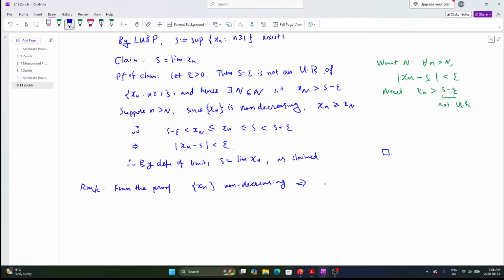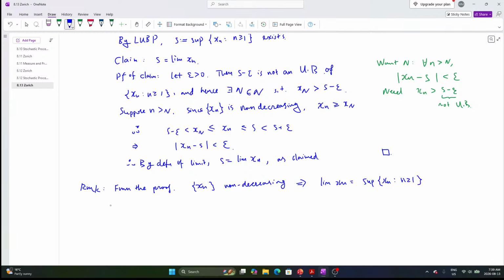Not just convergence, you can say something about the limit. Unlike in the Cauchy criteria, where you can say nothing. In the Cauchy criteria, because the sequence isn't necessarily monotone, you just know it converges, you can't even describe the limit. It just exists. So the limit of xn is the supremum of xn, n greater or equal to 1.